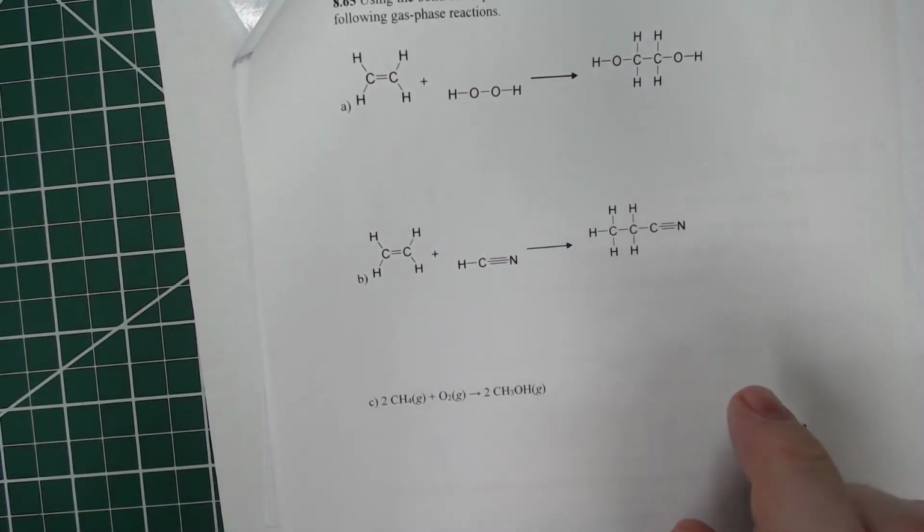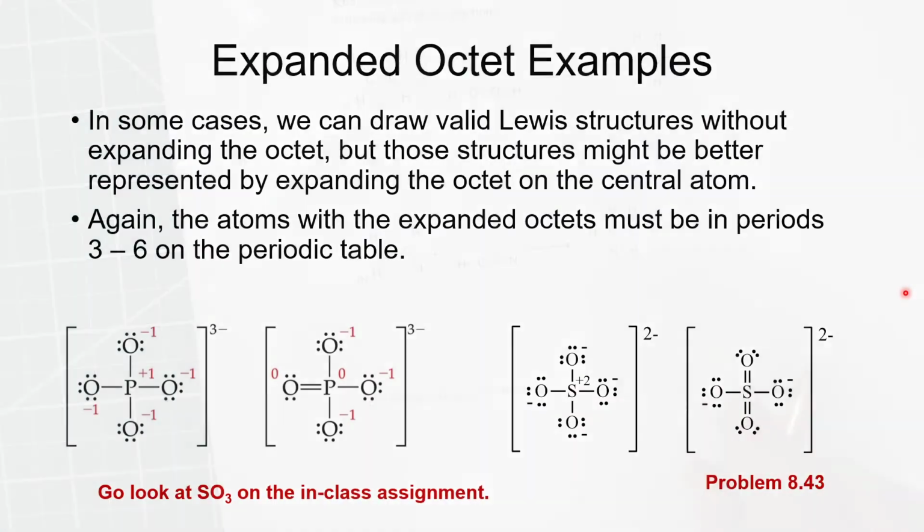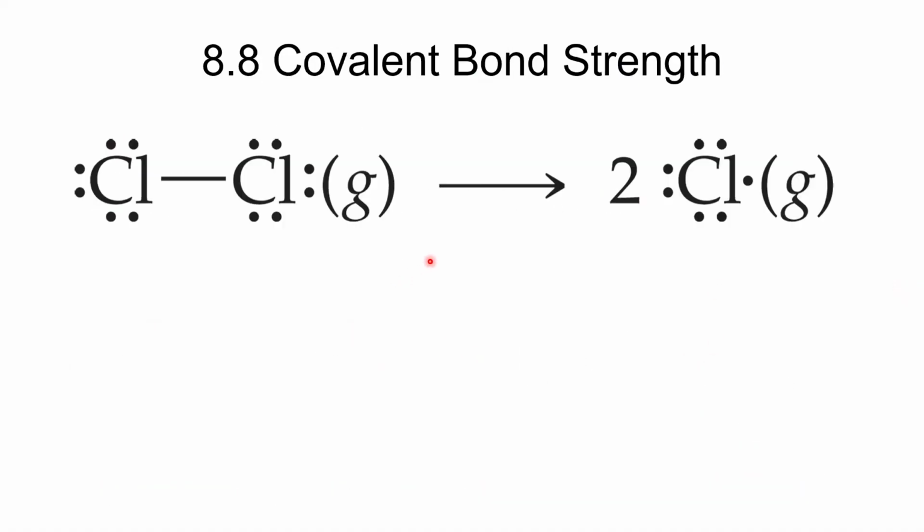That means that we are on to our last section of the text, which is chapter 8, section 8, and it's talking about covalent bond strength and bond length, and we'll get to the bond length here in a moment.